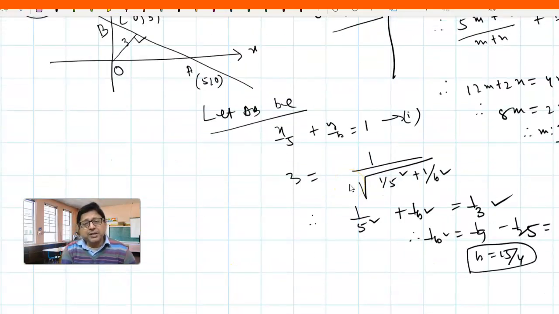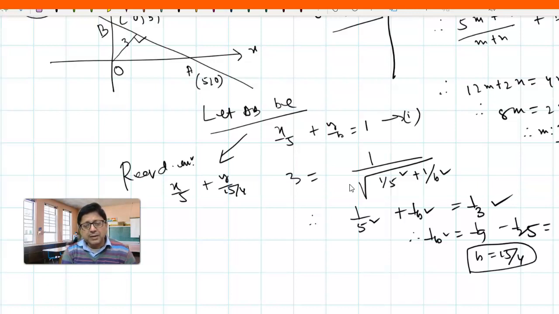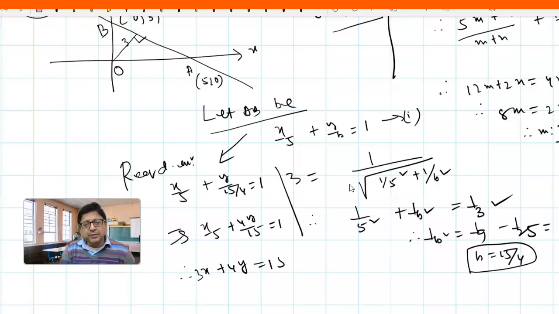So the required equation is x by 5 plus 4y by 15 equal to 1. So take LCM, 3x plus 4y equal to 15. It's going to be like this.